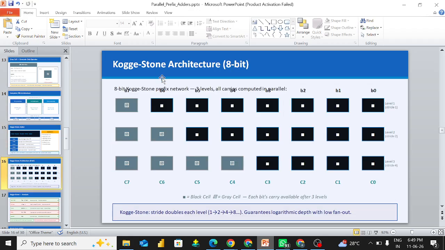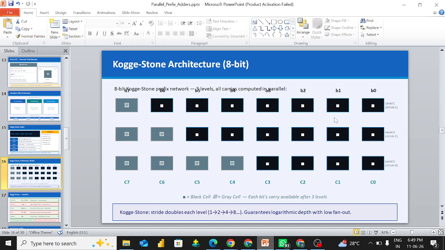Just think you have an 8-bit input. Inside this 8-bit input, how are we going to form a tree structure, and how are we going to do it? This is what you are going to do.